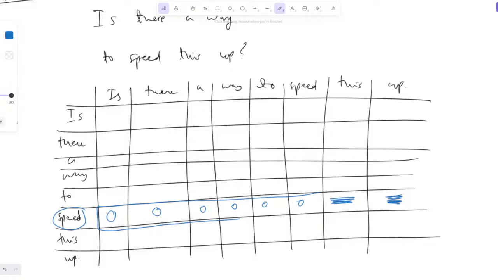The result of this is that this row is telling me all of the contextual information that the word speed has with preceding or previous words.